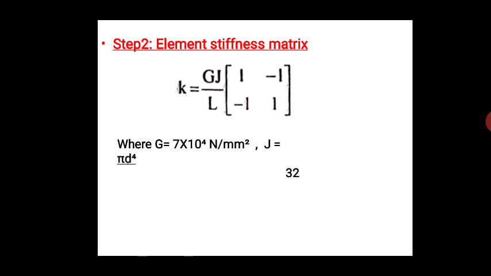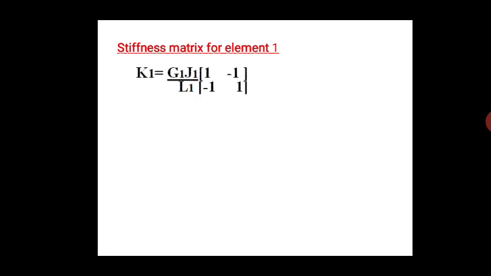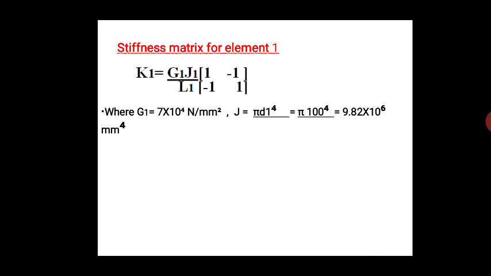Since we have two elements, the element stiffness matrix for element 1 can be written as K1 is equal to G1 J1 divided by L1 into the matrix 1, minus 1, minus 1 and 1, where G1 is 7 into 10 raised to 4 Newton per mm square and J1 is pi d1 to the power of 4 divided by 32, which we can write as 9.82 into 10 raised to 6 mm to the power of 4.